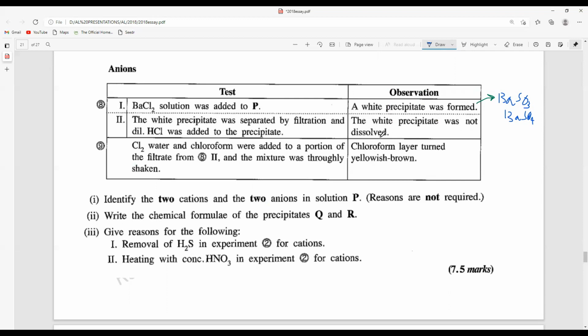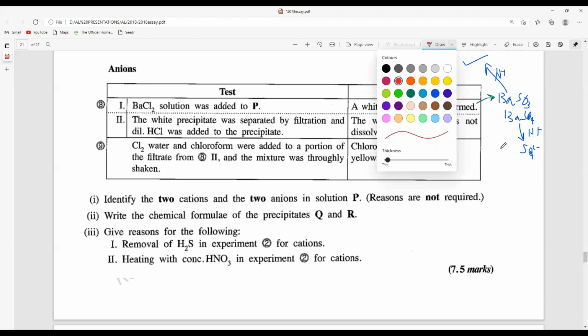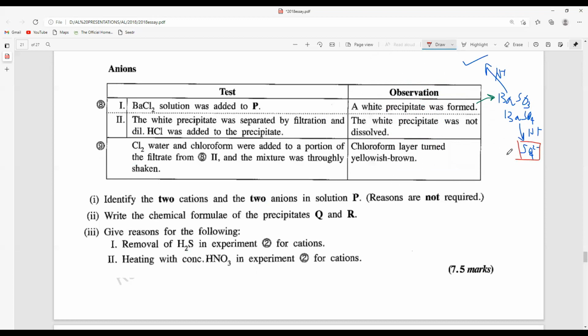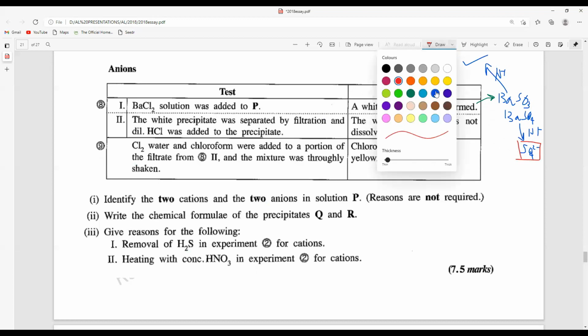The white precipitate was not dissolved. So if it is barium sulfite, when you add H plus, it dissolves. But for barium sulfate, when you add H plus, it will not dissolve. So basically, one of our anions should be SO4 2 minus, the sulfate. So we have found one anion as well. So what could be the other anion? We will check.